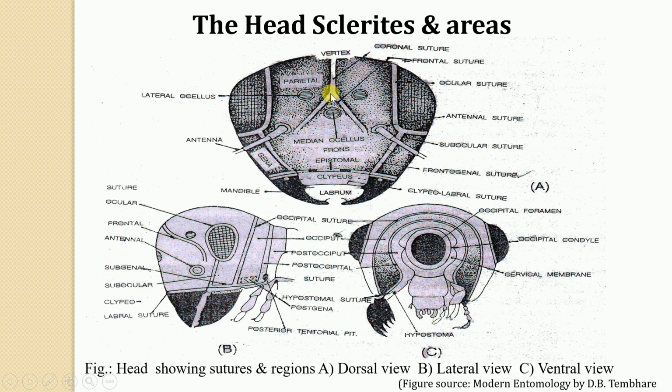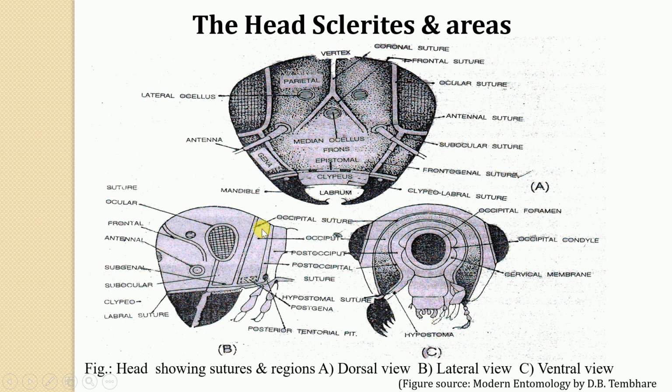The coronal suture divides the epicranium into equally sized lateral areas known as the parietals, and each parietal contains three structures, that is antennae, lateral ocelli and compound eyes. Then the undivided part of the epicranium is referred to as the vertex.